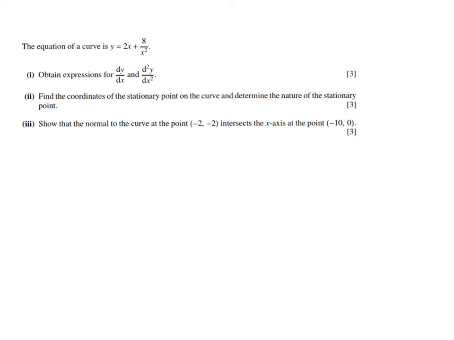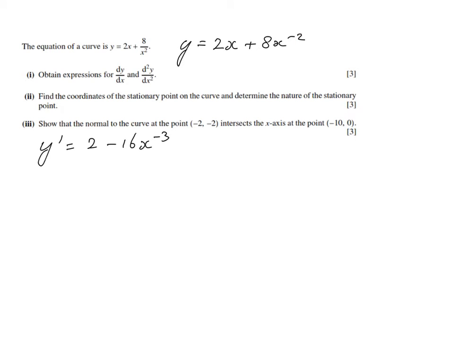Before I find any derivative, we'll get rid of that fraction and rewrite it as 8x to the power minus 2. So the first derivative, y prime equals 2 minus 16x to the power minus 3. The x disappears: 1 times 2 is 2, and minus 2 times 8, and then 1 less to the power minus 3.